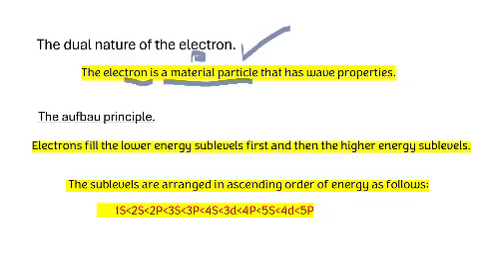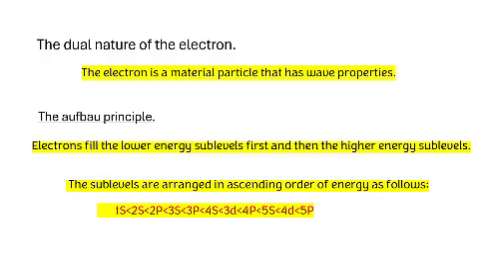I consider it a negatively charged particle, but I never neglect its wave properties. So the dual nature of the electron states that the electron is a material particle with wave properties. This is the concept of the dual nature of the electron.